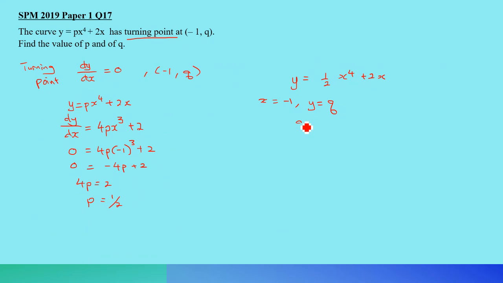So what will be your q? Replace your y as q, equals half, replace your x, and then we can simplify this. You'll get 1/2 minus 2, so your q is -3/2. This is a question from paper 1. Simple, direct forward. The important word is turning point, what it means.